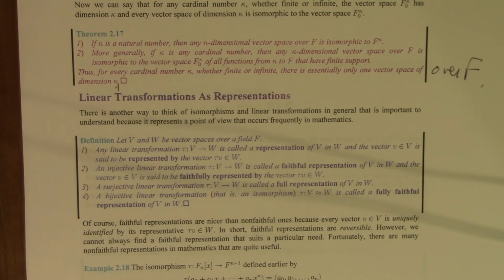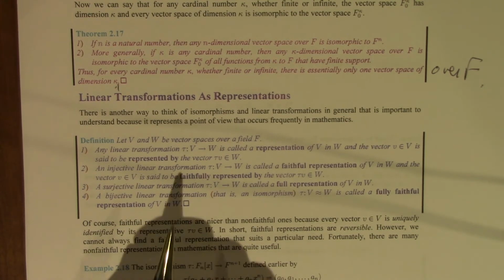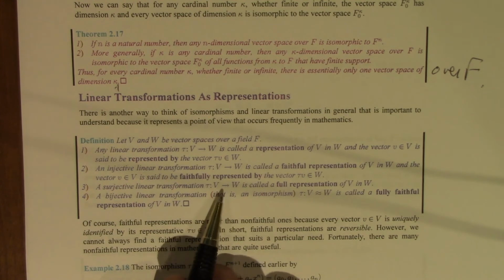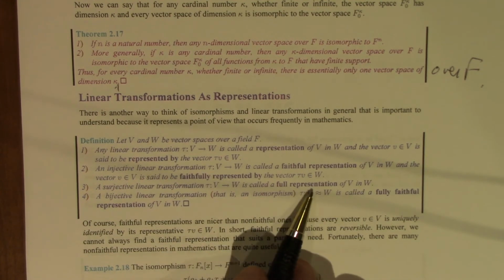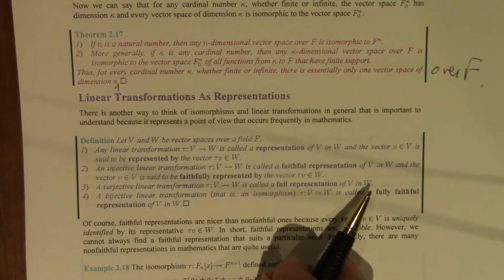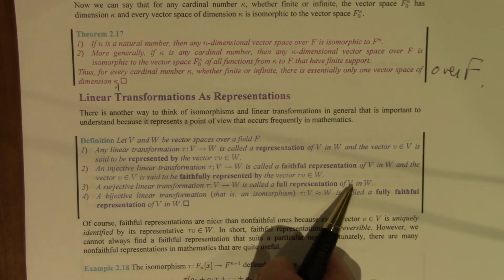Each vector in V is represented by a different vector in W. So if you know the representation, you know the original vector. A surjective linear transformation is called a full representation, simply because every vector in W represents something from V.